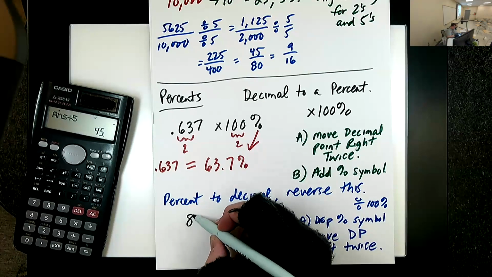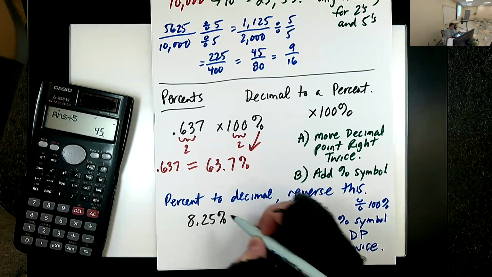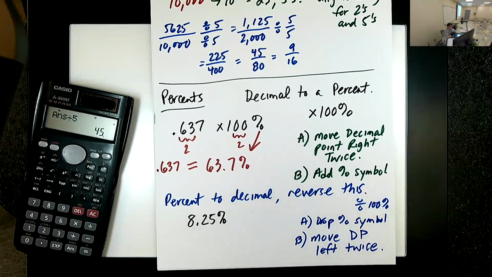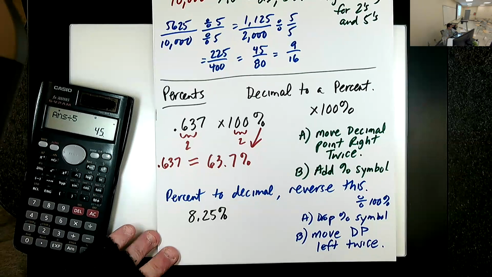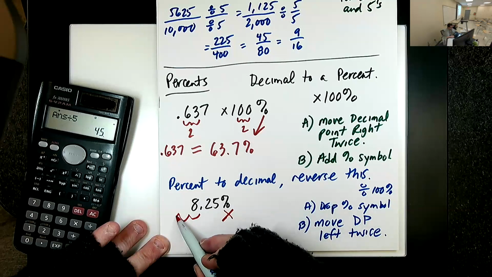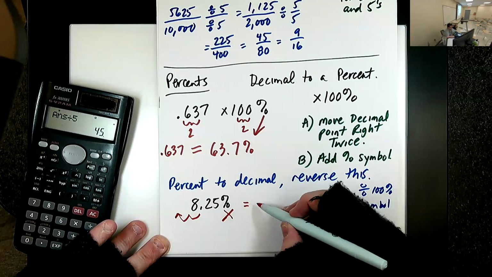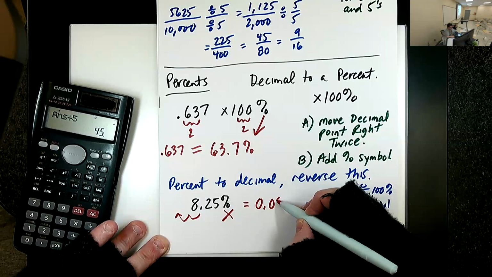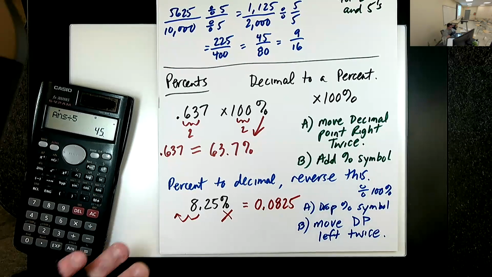So if I have 8.25%, I'm going to cross off the percentage sign, and I'm going to move the decimal point left twice, and I get 0.0825. These are equal in value.